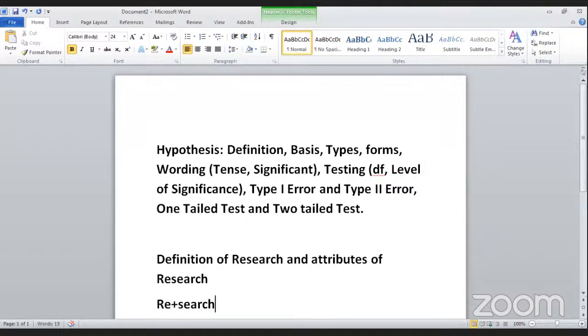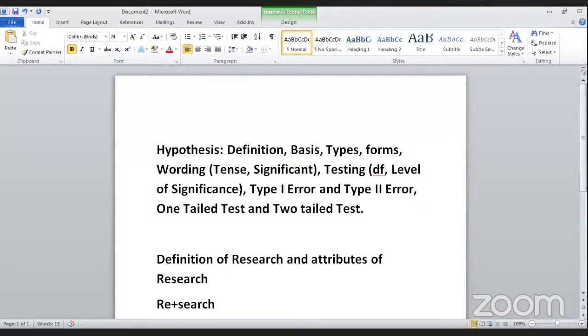Right now, because of COVID-19, a lot of countries are trying to conduct research to find out the vaccine which is more suitable to human beings and which can relieve them from COVID-19.